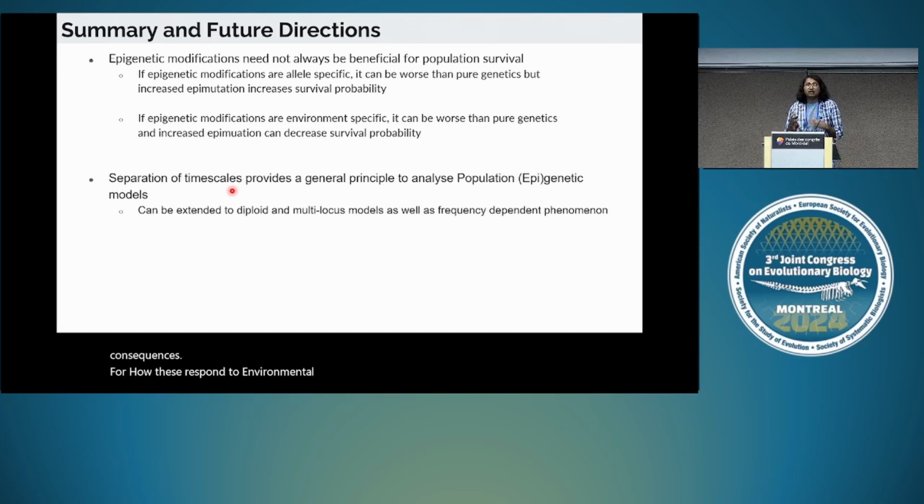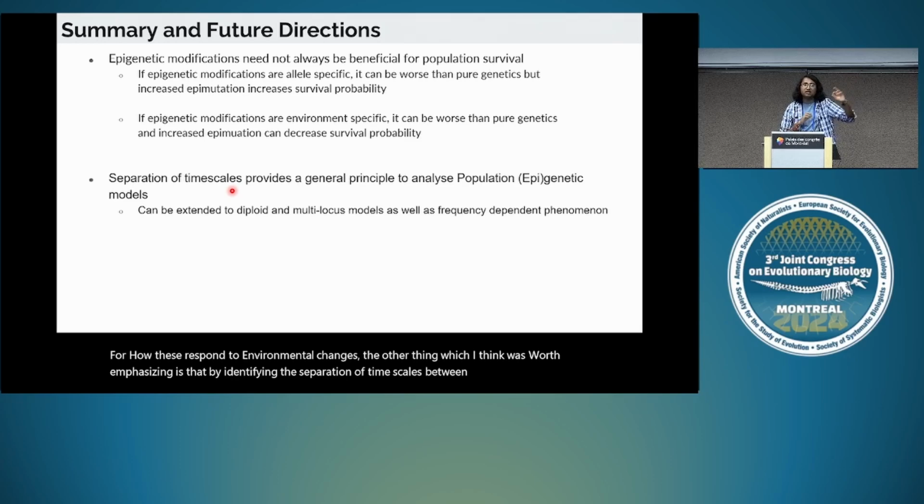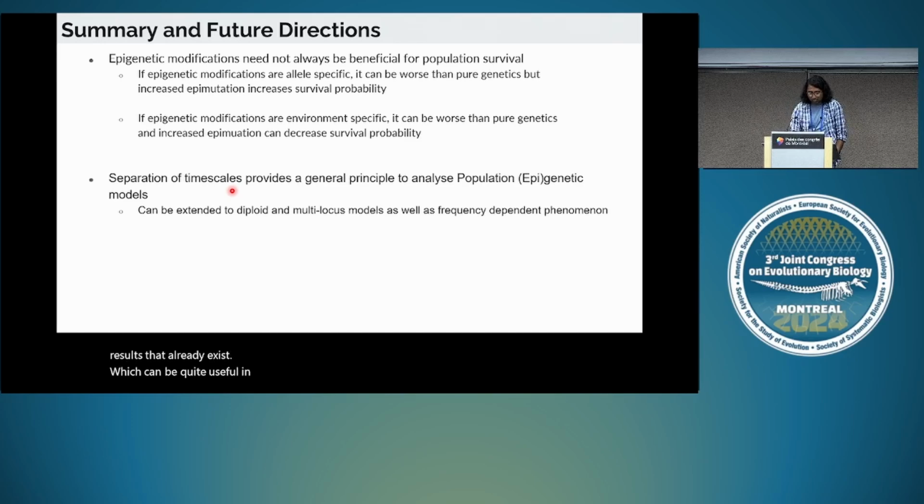The other thing worth emphasizing is that by identifying the separation of timescales between the epigenetic dynamics and the genetic dynamics, you can analyze a lot of these complex models by using results that already exist, which can be quite useful for analyzing more.